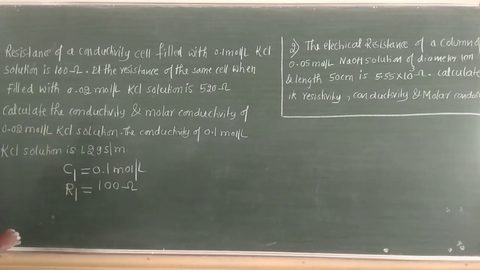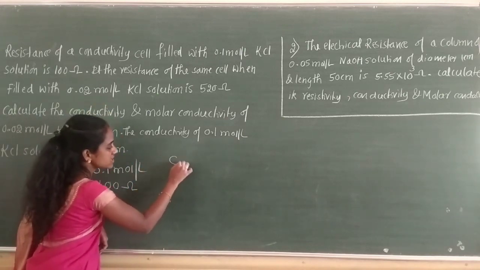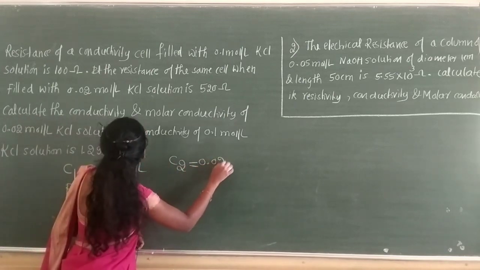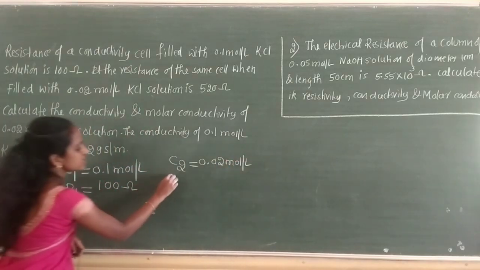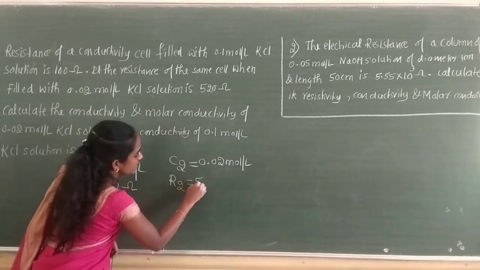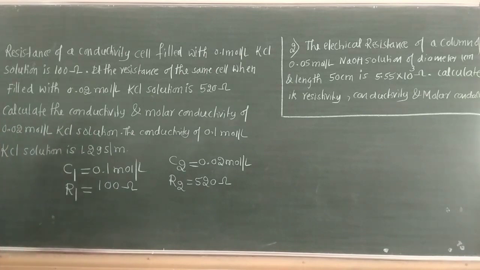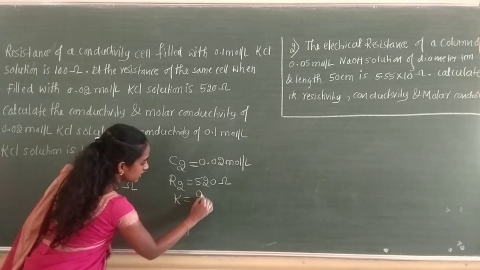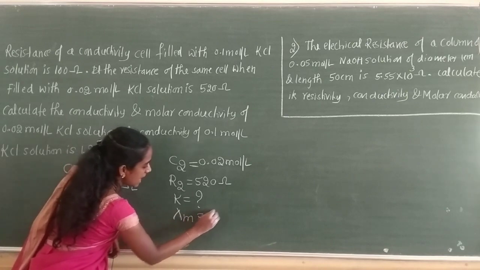Then the same cell is filled with another solution whose concentration is 0.02 mole per liter, and the resistance is 520 ohms. We need to find the conductivity of this particular solution as well as its molar conductivity lambda.